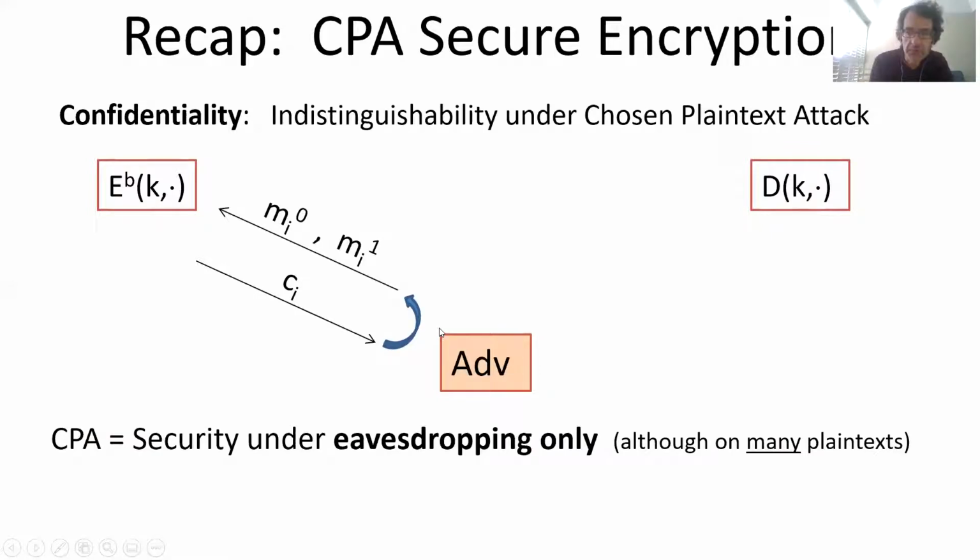But basically what this models is an eavesdropper. Even though it's an eavesdropper that chooses the application, if you will, and the message space, and basically what these messages are, his access to encryption is just that he sees ciphertexts. He doesn't try to interject anything between these two communicating parties.